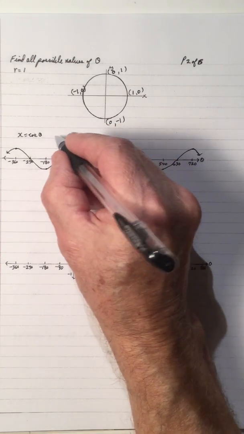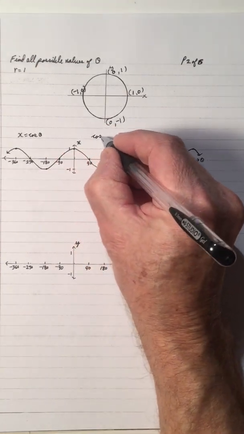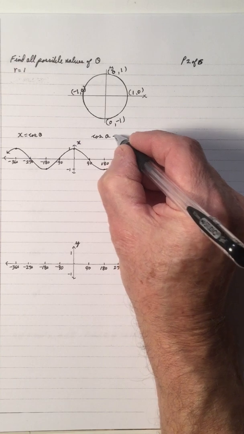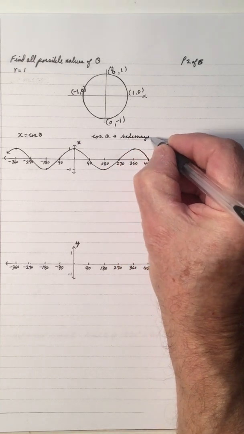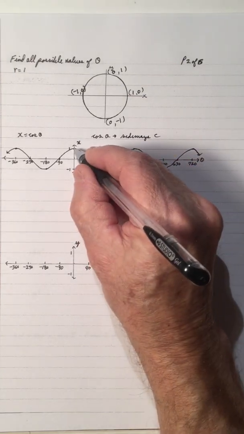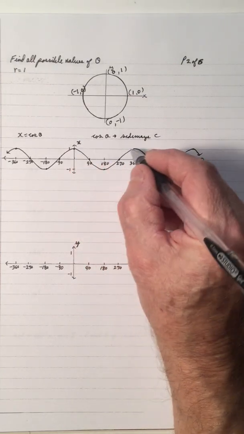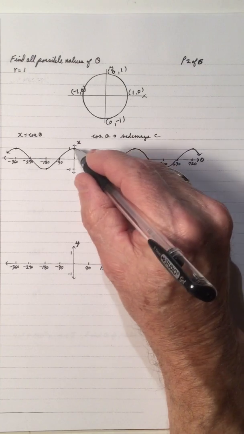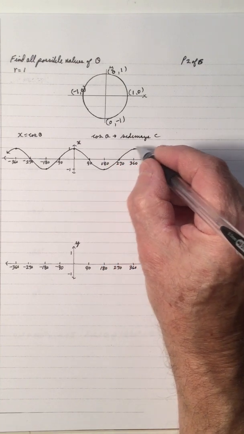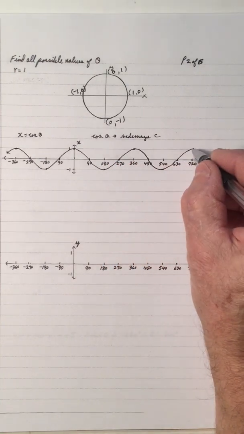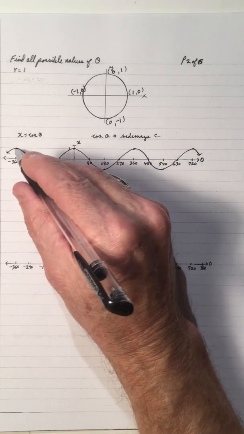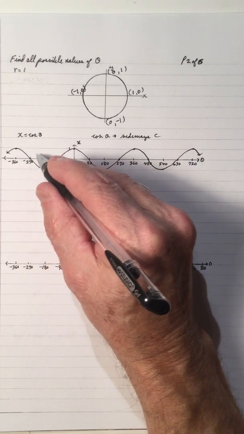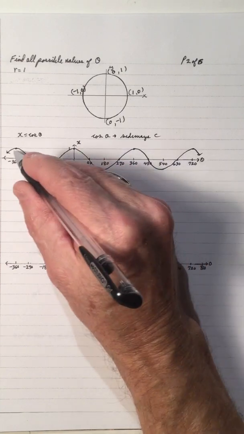You'll notice that the cos graph is a sideways C. From 1 right here to this 1 right here, that's a sideways C. And from 1 here to this one, you have another C.